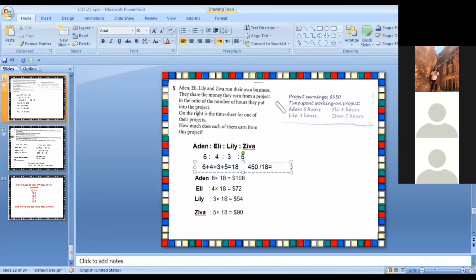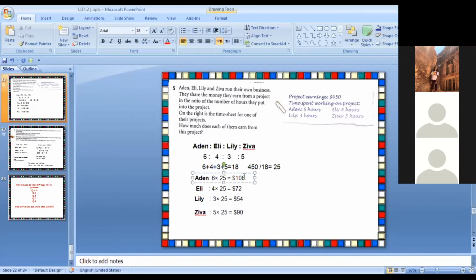I'm going to use the calculator first. It's 25. So Adam gets 6 times 25, Ellie 4 times 25, Lily 3 times 25, and Ziva 5 times 25.